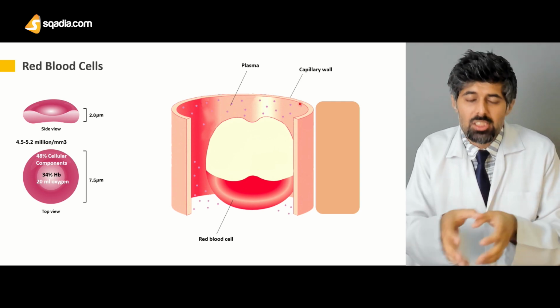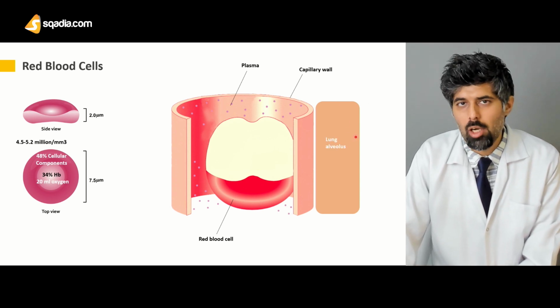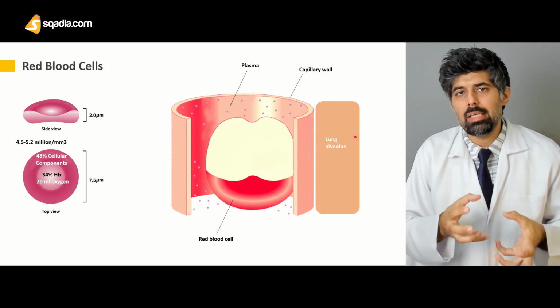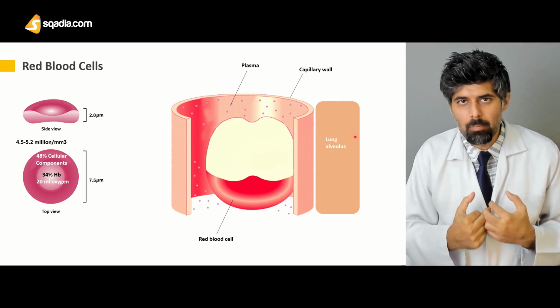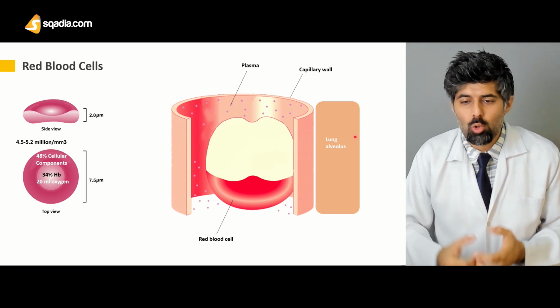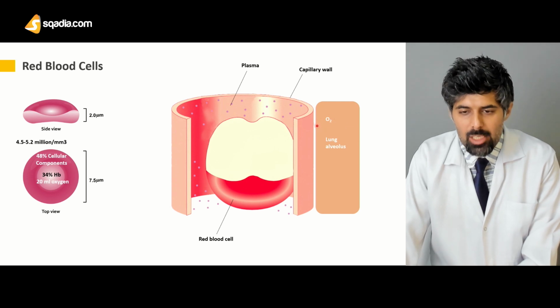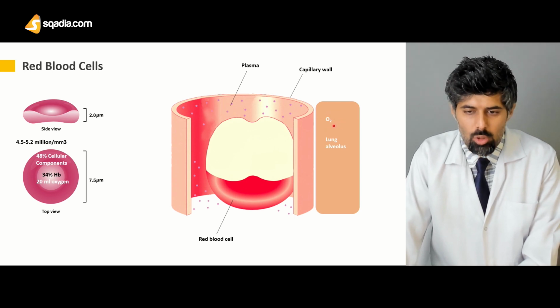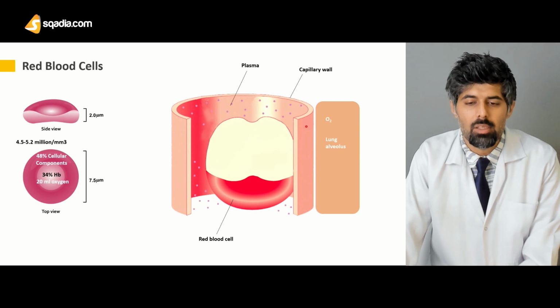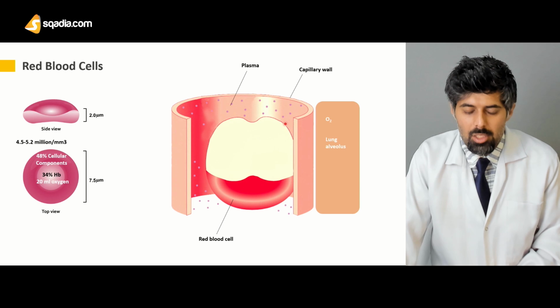Now, across this capillary wall in the lungs is present the alveoli. These alveoli contain the inspired air, so they contain the maximum amount of oxygen. So oxygen which is present in these alveoli has to be transported across the wall of the alveoli, then the wall of the capillary, then into the plasma, and then across the wall of the RBCs.